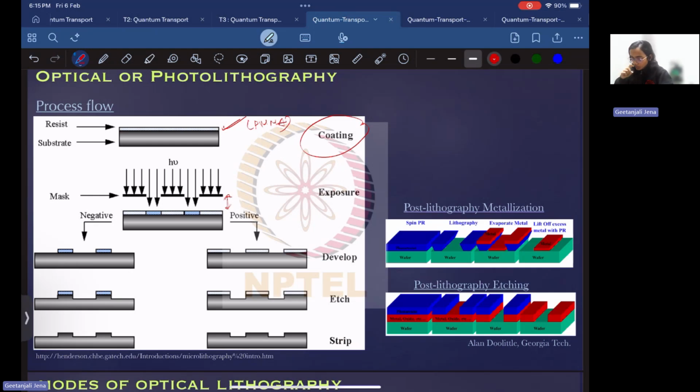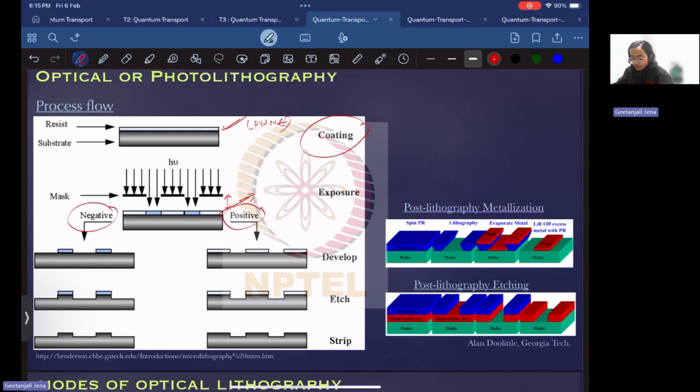These photoresists are sensitive to optical radiation. Depending on the type of photoresist, we'll see different types of patterns made on the substrate. There are two types of photoresist: positive photoresist and negative photoresist.